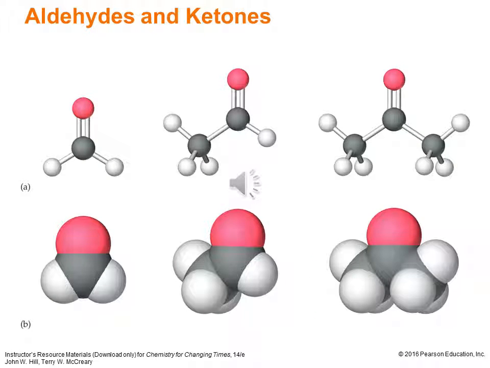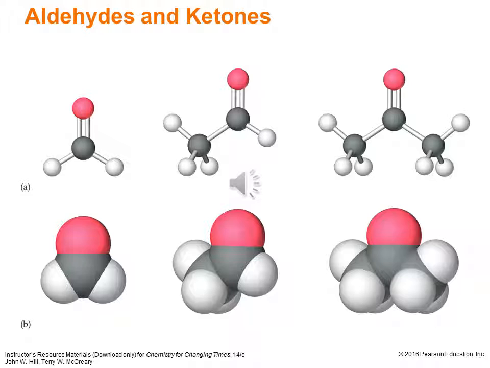And we see some pictures of that at the far left. We have the simplest aldehyde, formaldehyde, and it has hydrogens on either side. It had to have a hydrogen on one side, but the other side didn't have to be hydrogen. In this case, it is hydrogen. It's a very simple aldehyde. The next example, we have the aldehyde functional group and then a methyl group.